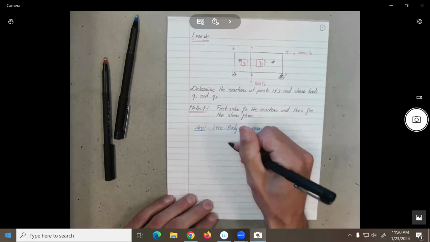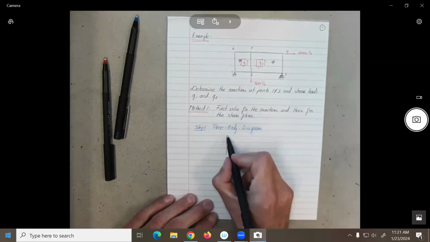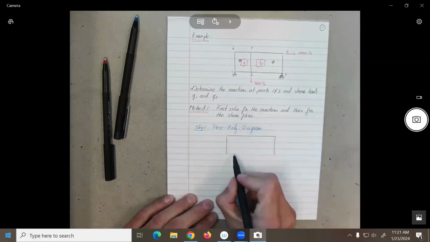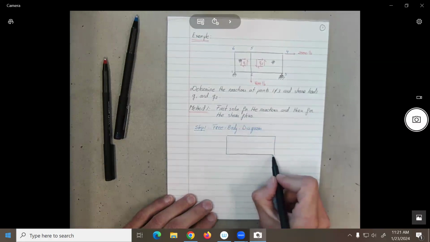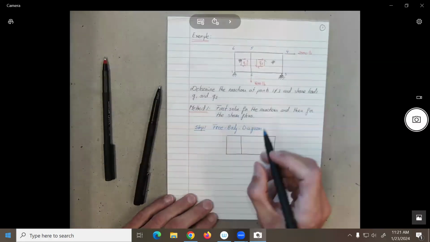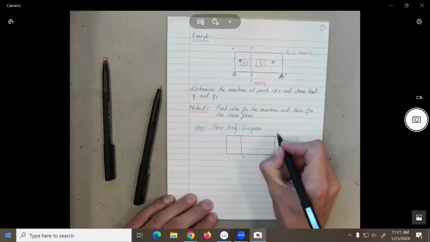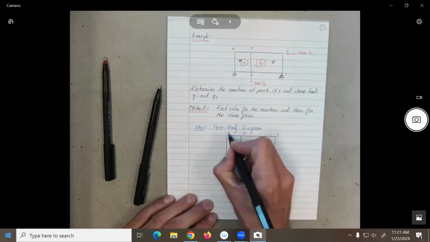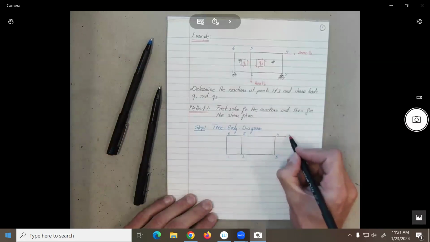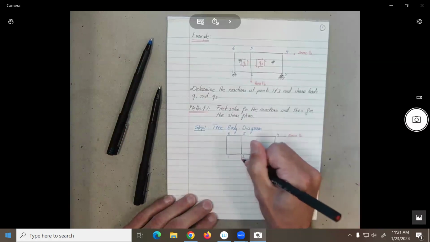Over here, it's 1, 2, 3, 5, 6. So let's keep the forces over here of 2000 lb and 1600 lb.